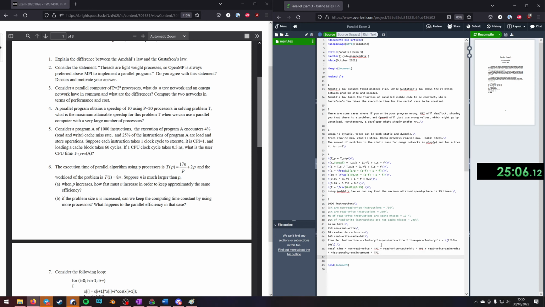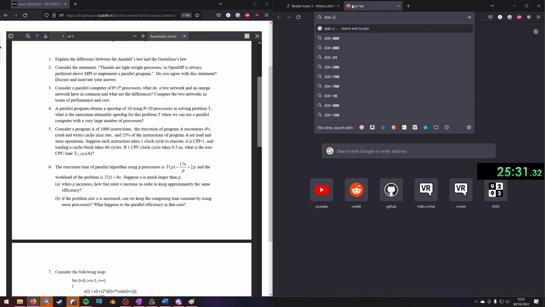So total time is 750 times this value, plus 240 times this value, plus 10 times 60 times this value. So it is 600 plus 750 plus 240. I probably should know this by heart, but I'm very lazy.